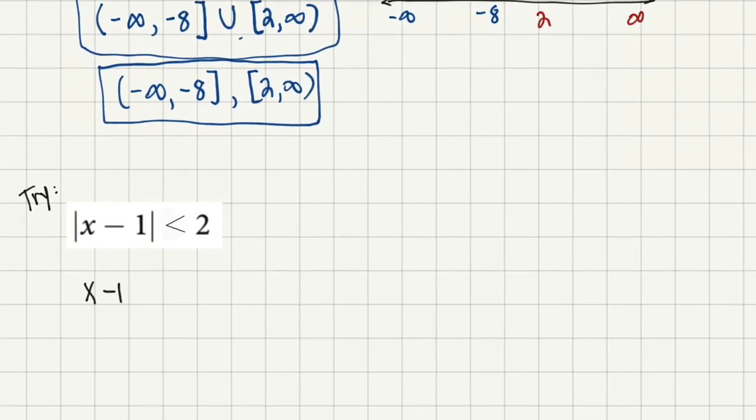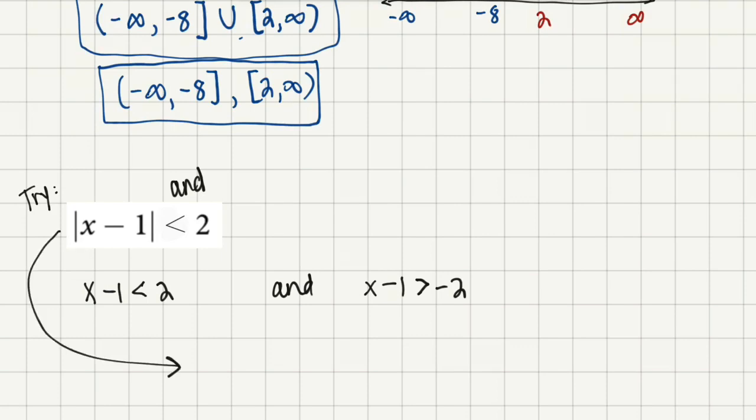Okay, here we have x minus 1 is less than 2, and, so this is an and, x minus 1 is greater than negative 2. Because it's an and, we can write it in one inequality, and I'm actually going to do that here just to give you something different, because I believe that you can solve the one on the left, solve the one on the right, graph it, get the overlapping region.